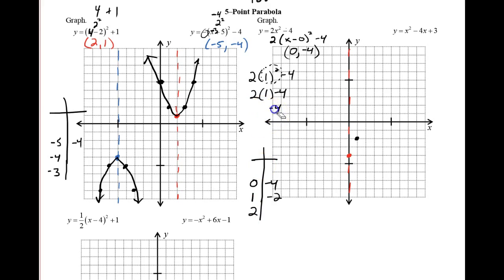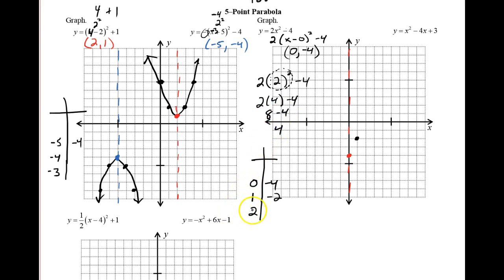I'm going to get this out of the way. Now I'm going to plug 2 in. So 2 squared minus 4. Order of operations. 2 squared gives us 4. 2 times 4 is 8. And 8 minus 4 is 4.